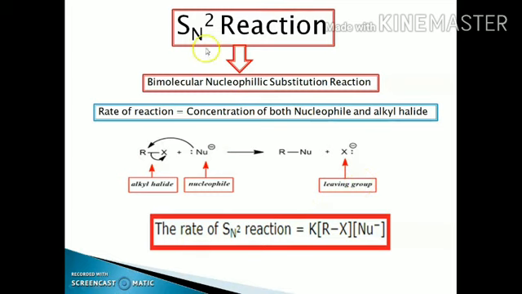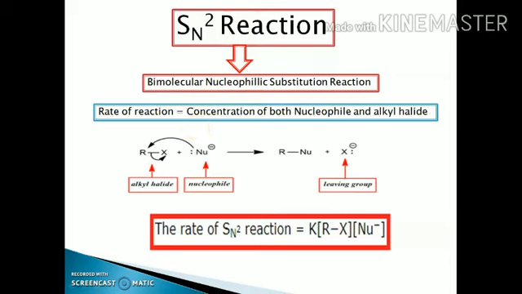In the SN2 reaction, the rate of the reaction is proportional to the concentration of the alkyl halide and the nucleophile. Here you have to remember that the concentration of any reactant species can be represented in square brackets. The SN2 reaction follows second order kinetics.